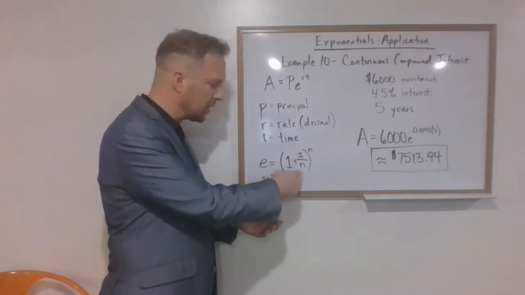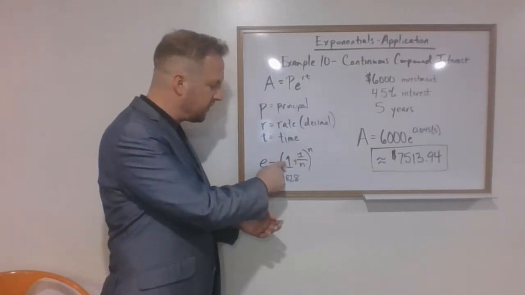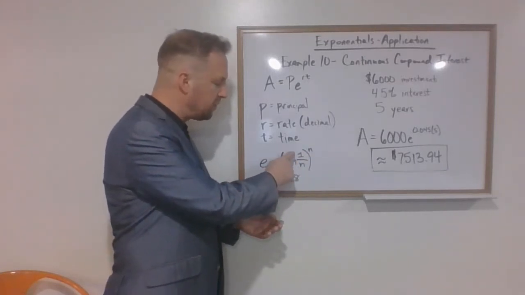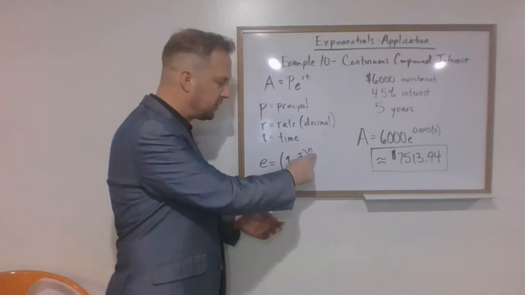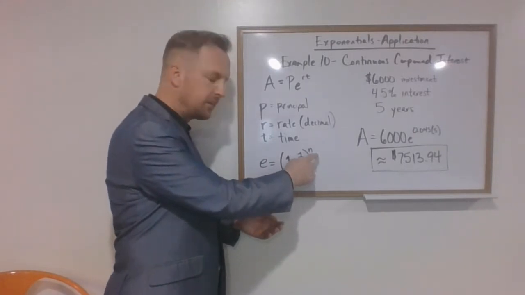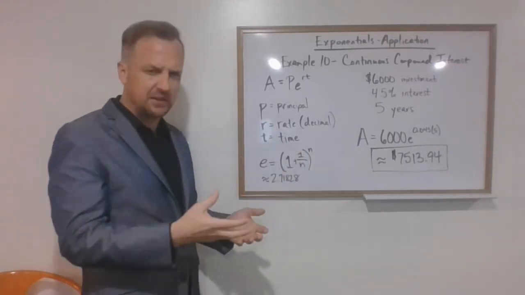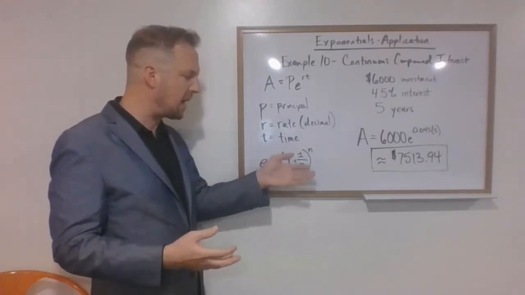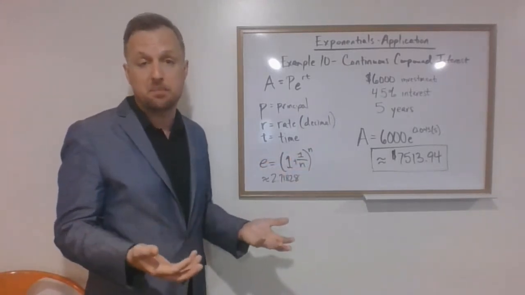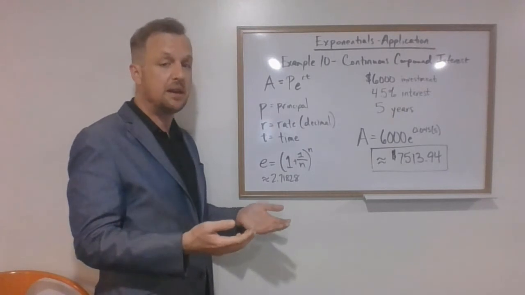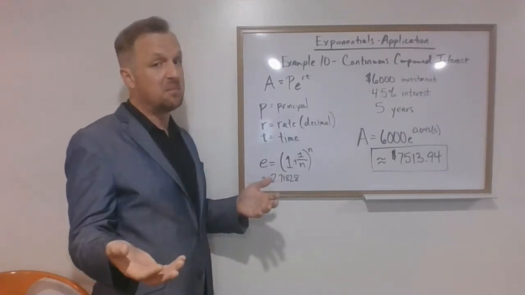If you really look at what it's describing, if we say 1 plus 1 over n to the nth power, that might not make much sense to you because you might look at it and go, well, how do we know what n is? The good news is we could really pick any value we wanted for n, but this is going to be moving towards calculus.